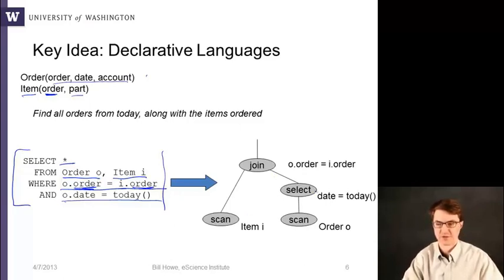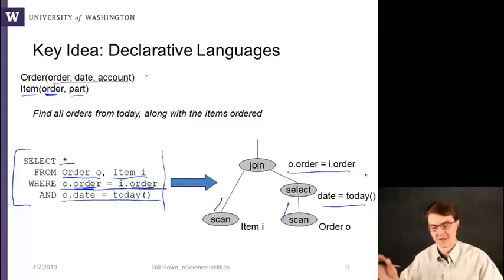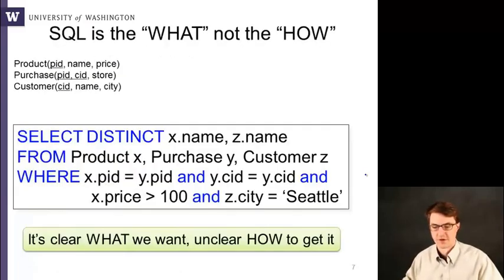Here I've sort of just done a cartoon where you can say scan the item table, scan the order table, select the record such that date equals today, and then perform the join: for each record in order, find the corresponding records in item that match on order. Okay? So this is happening every time you run a query, again. So the SQL is the what, not the how.